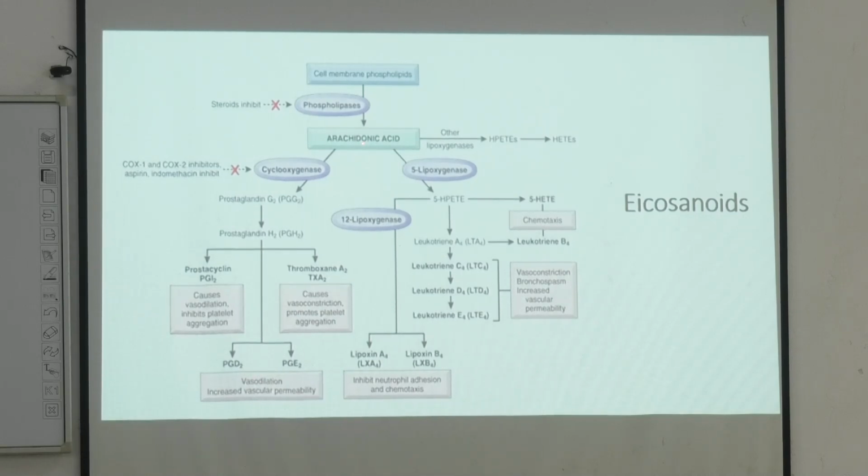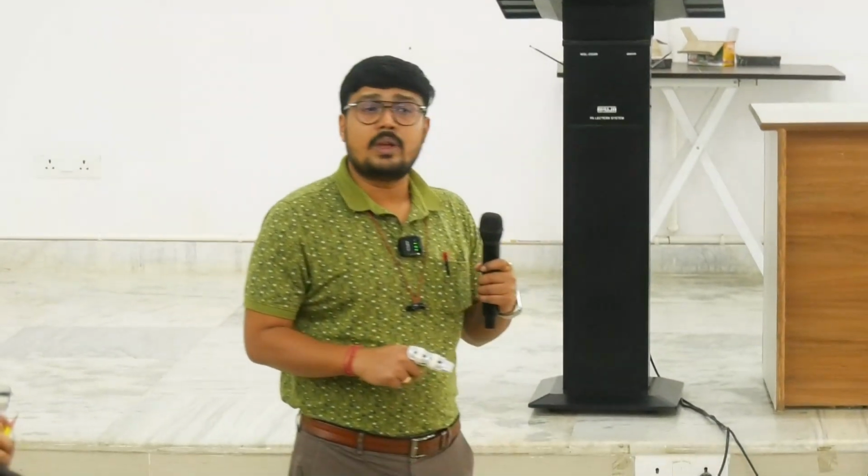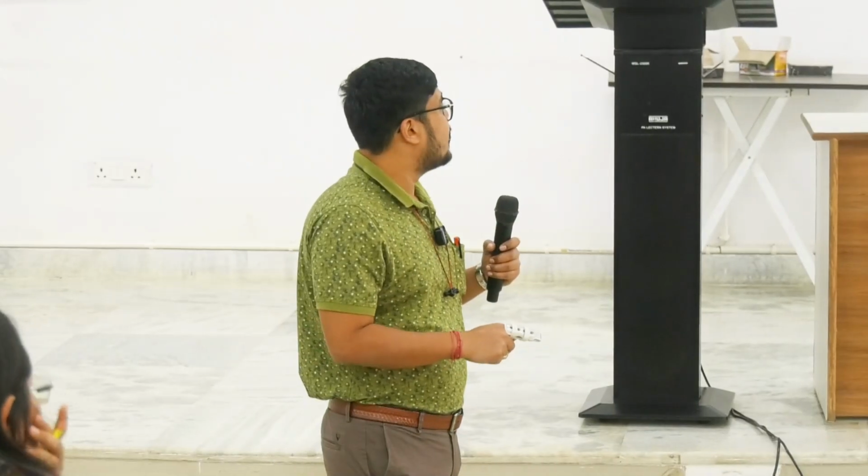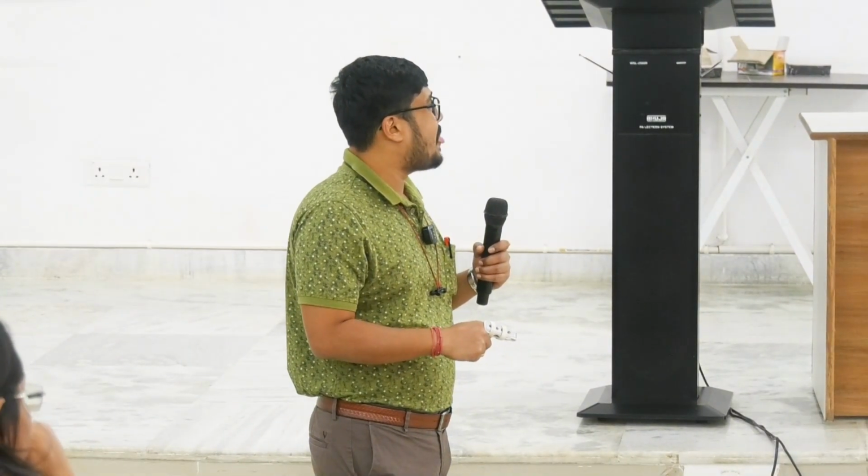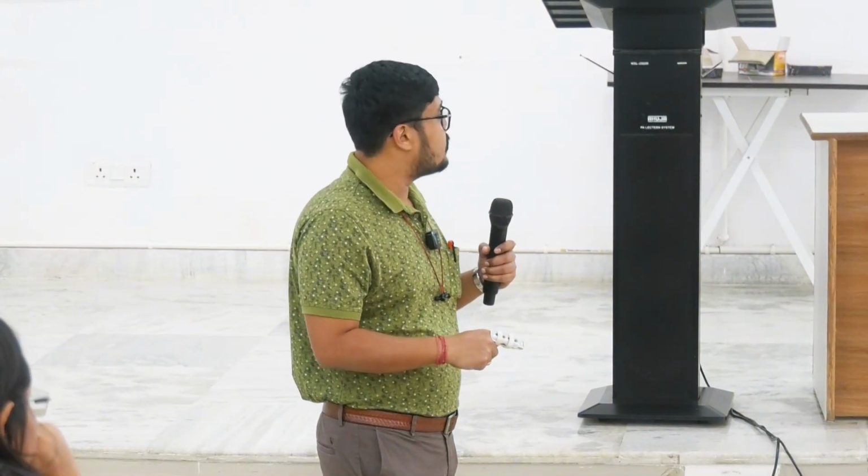So, starting from the action of phospholipase, there is formation of an important 20 carbon molecule, arachidonic acid, and arachidonic acid has two enzymatic arms downwards: the cyclooxygenase pathway and the lipoxygenase pathway. We have discussed the cyclooxygenase pathway in detail.